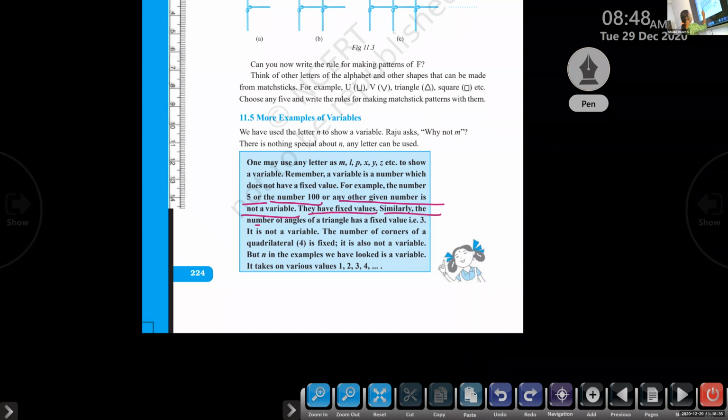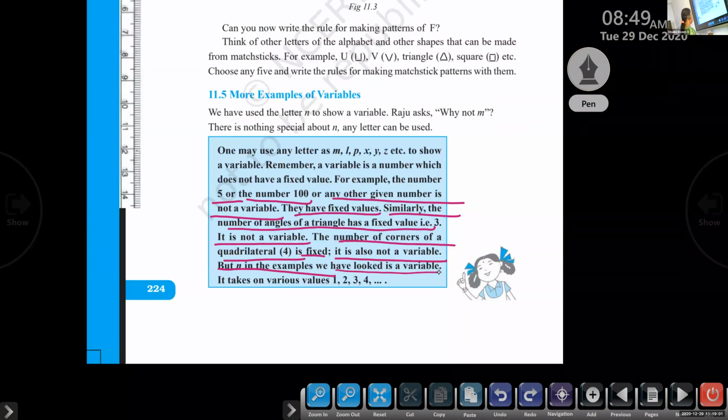Similarly, the number of angles of a triangle has a fixed value: 3. The number of corners of a quadrilateral is 4, also fixed. But n in the examples we have looked at is a variable. It takes on various values 1, 2, 3, 4, etc.